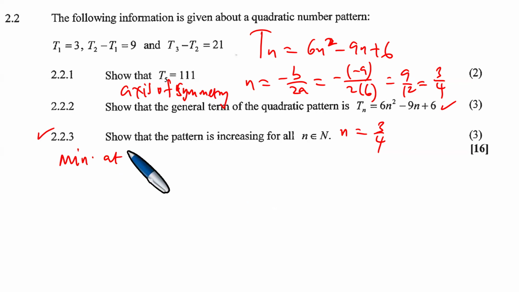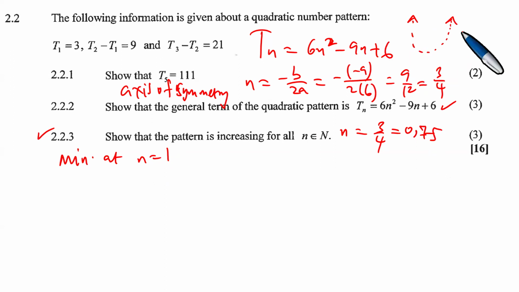Right, so the minimum therefore will have to occur at this, but this is not a counting number in terms of positions. Because this is 0.75, the minimum occurs at n equals 1 for this, because this kind of graph is a graph of this form that has integer values of n.